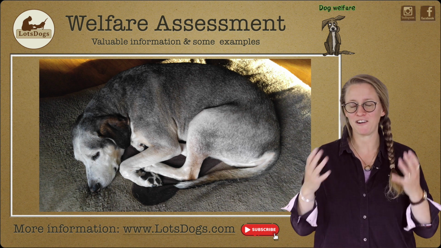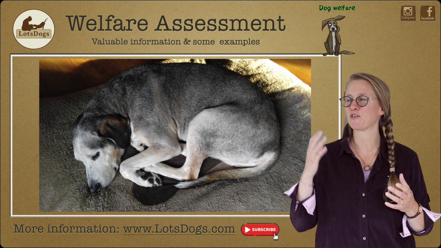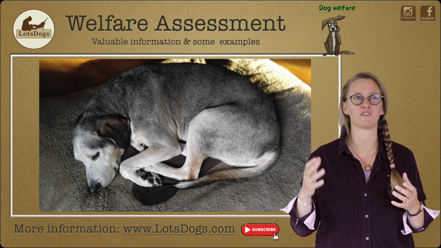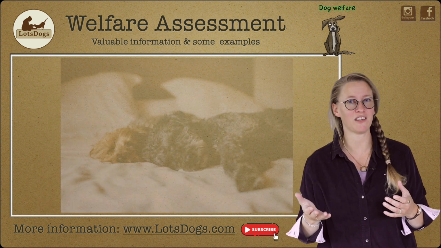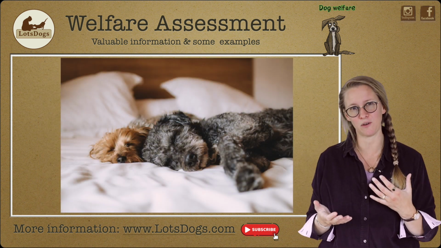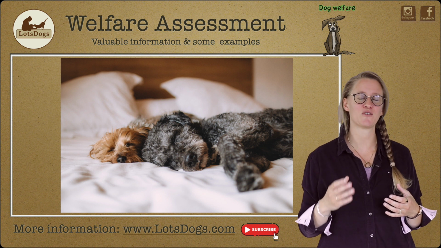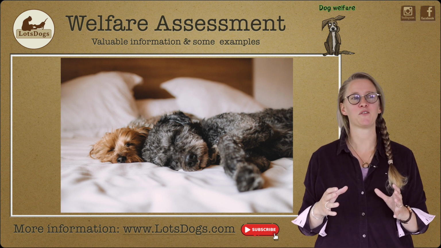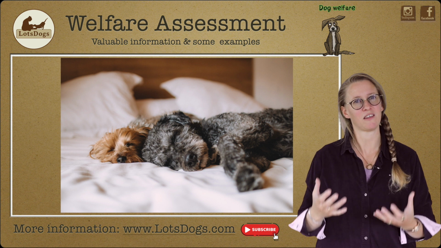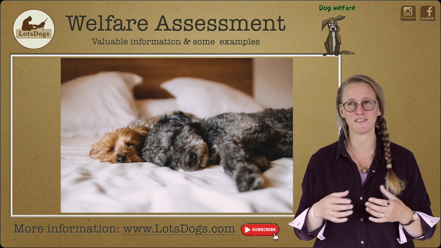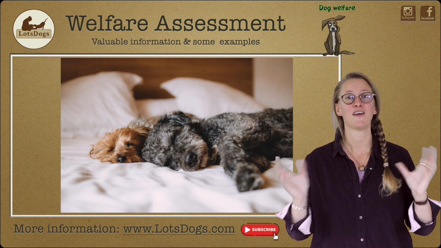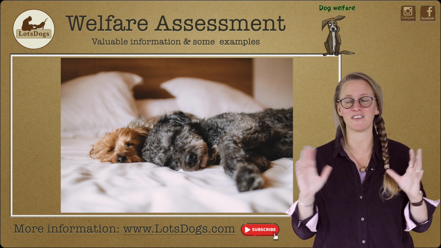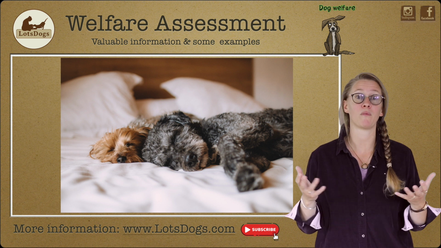There's so much more in regards to physical well-being. I'm trying to think of some more examples. Yes, asking about the dog's resting behavior. How much sleep is the dog getting? It's not just about lying still, it's also about experiencing deep sleep, dreaming, stuff like that, so that you know the dog has time to recover from what it experiences during the day or night.